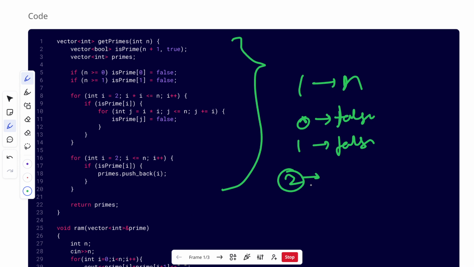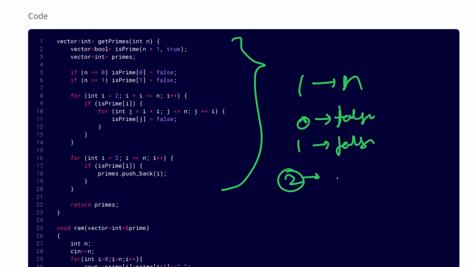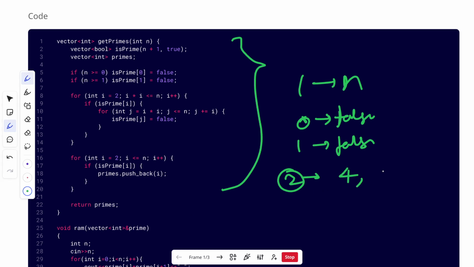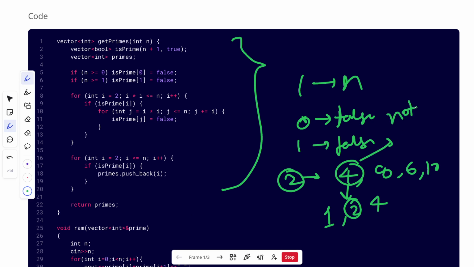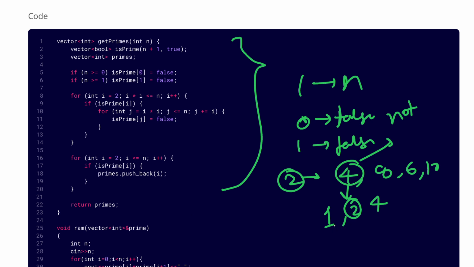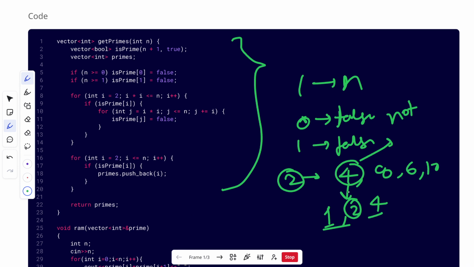Each multiple of 2, like 4, 6, 8 and 10, has 2 as a factor, so they are not prime. If an integer has more than 2 factors, then it is not prime.